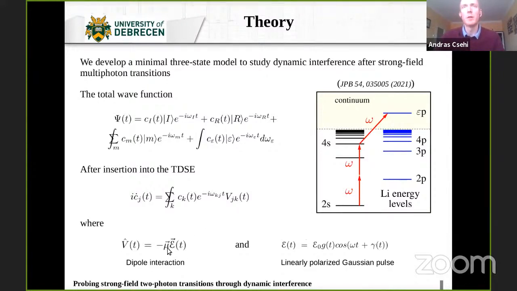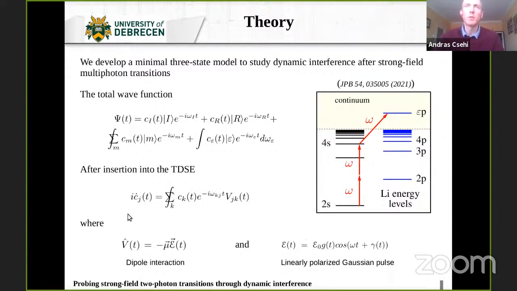So mu is the transition dipole, and capital epsilon is the linearly polarized Gaussian pulse. This has such a form in our study. G is a Gaussian envelope, omega is the central frequency, and gamma is kept constant if not stated otherwise.